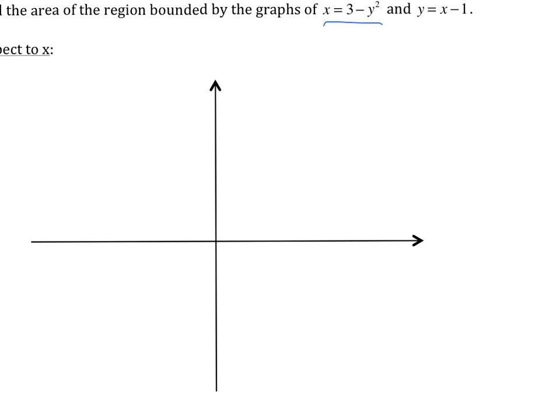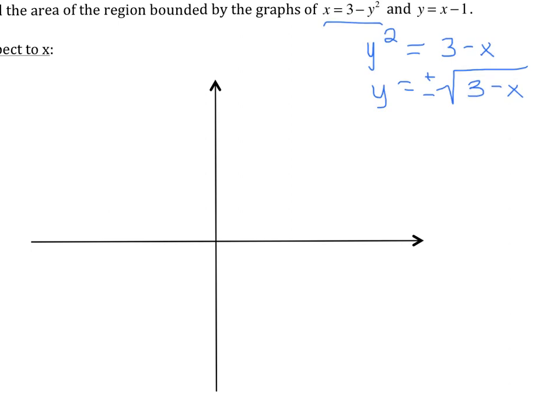When we do a little bit of algebra here, we get that y squared equals 3 minus x, I believe. Yeah. So y will be plus or minus the square root of 3 minus x.